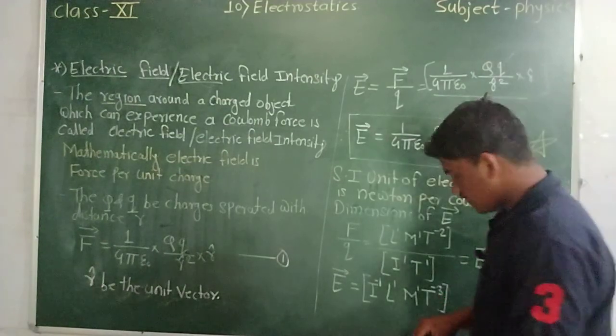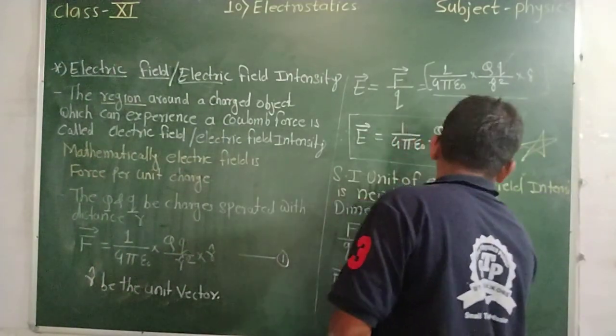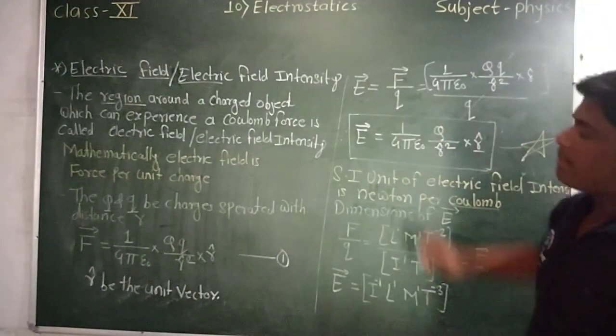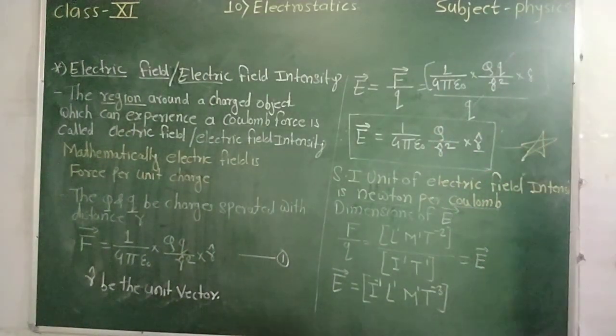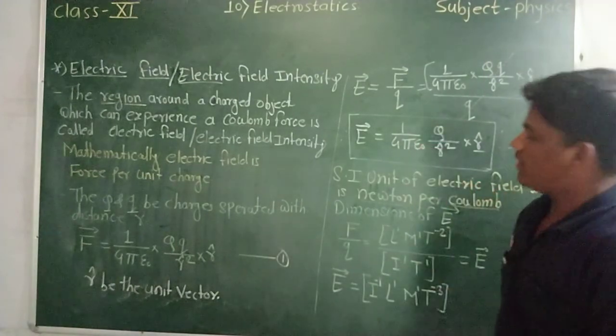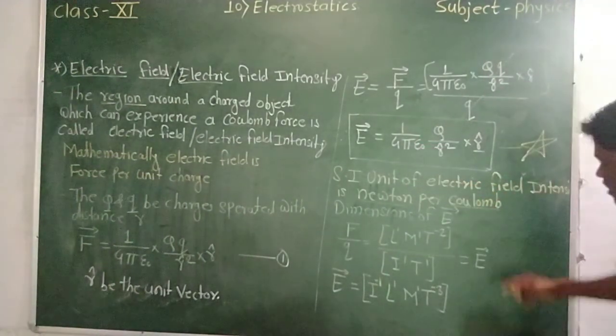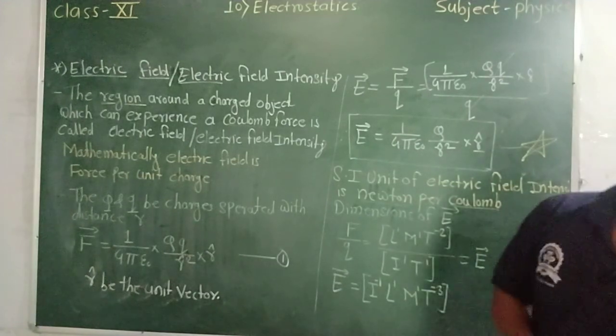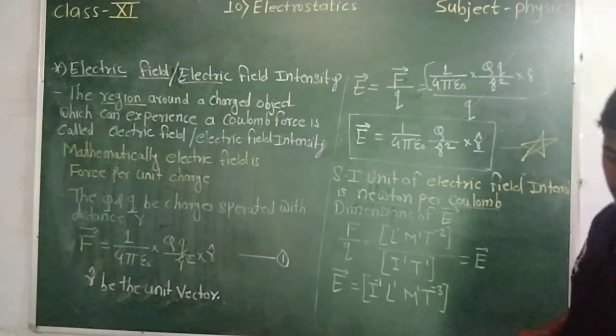SI unit of electric field is Newton per Coulomb, because we are using this formula: applied force per unit charge, the Coulomb force per unit charge. And another thing is we found the dimensions of electric field intensity. These are the totals of the electric field intensity.